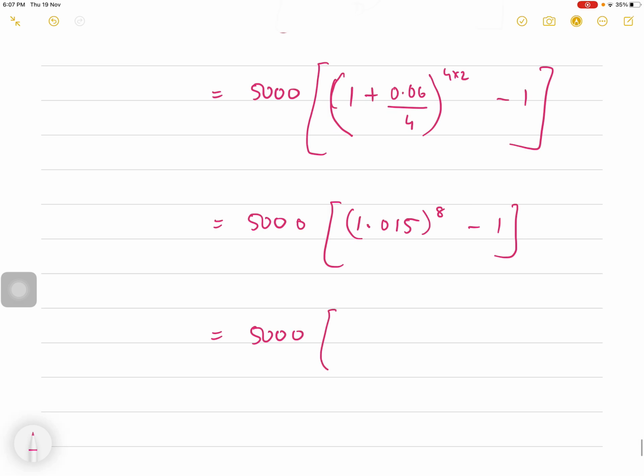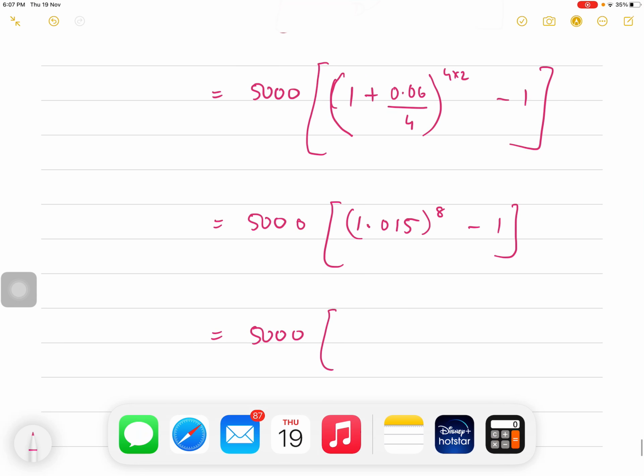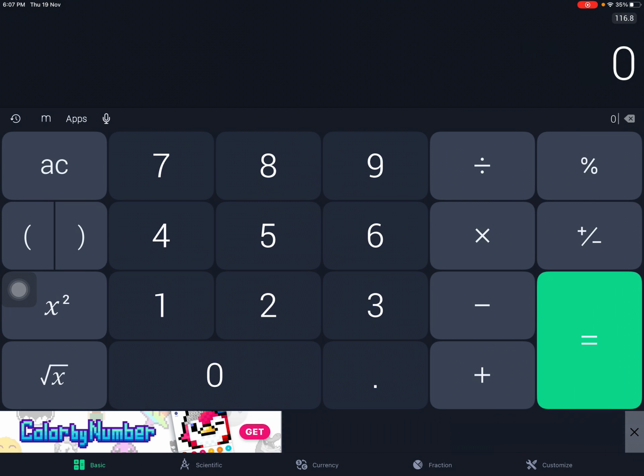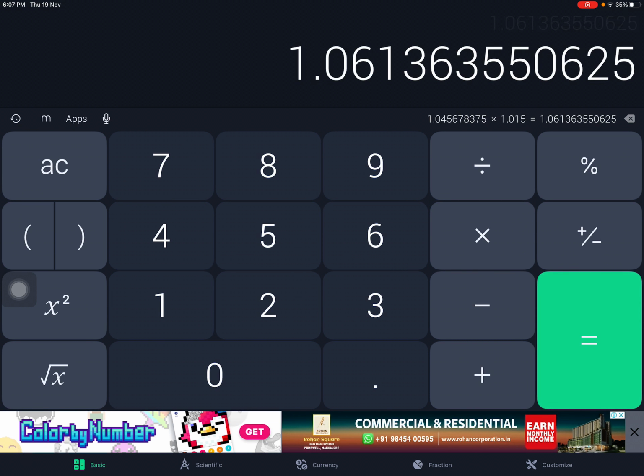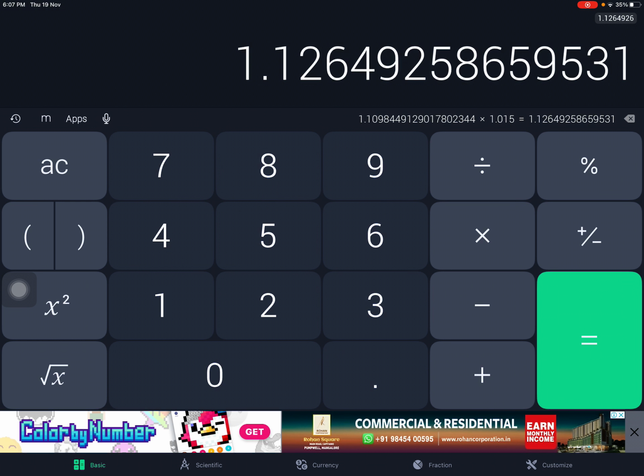Okay, let's see what 1.015 raised to 8 is. 1.015 raised to 8, multiplying 2, 3, 4, 5, 6, 7, 8 times. So let's take 4 digits, which is 1.12649.